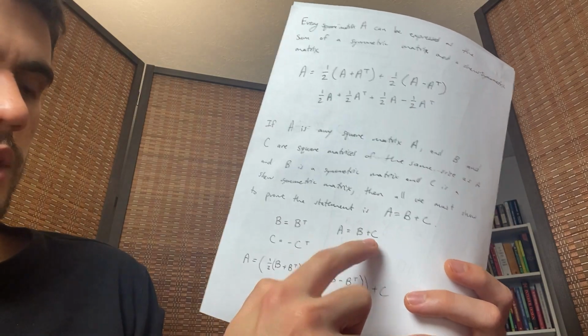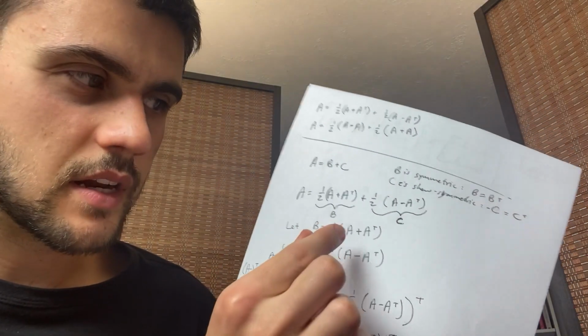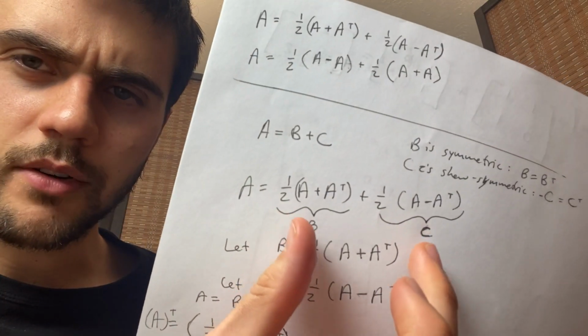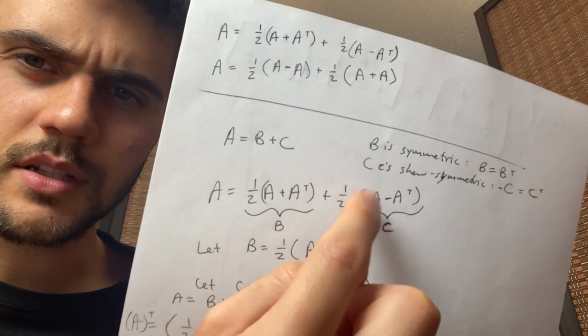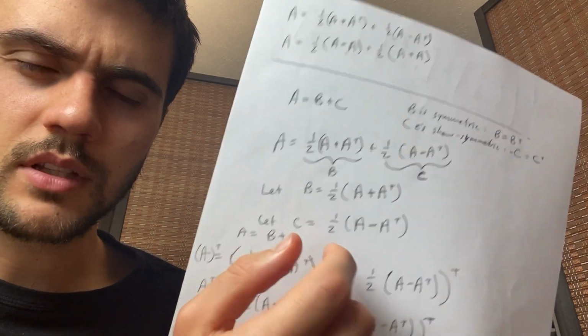Here's the little algebraic statement. And then what I went ahead and did, this is the hint I got from ChatGPT, is take the formula that's given and just arbitrarily assign, hey, this term right here, that's B, this term right here is C. Cool, let's see what happens. So let B equal that, C equals that.